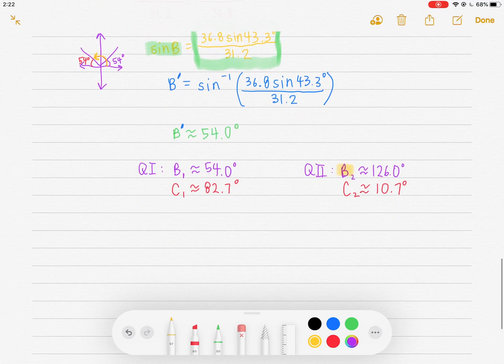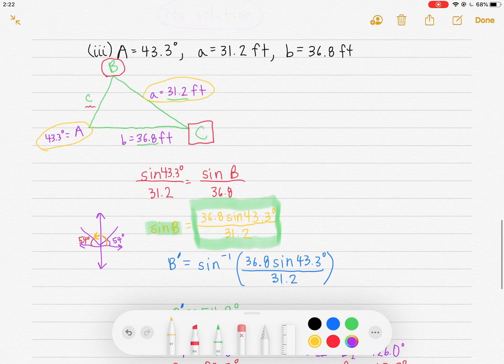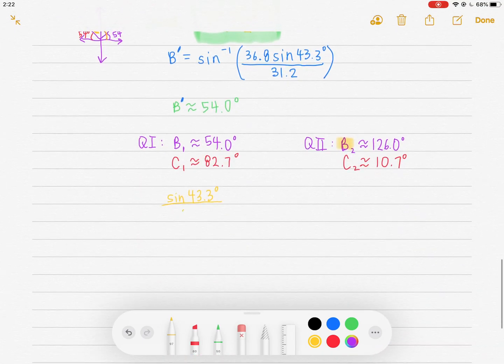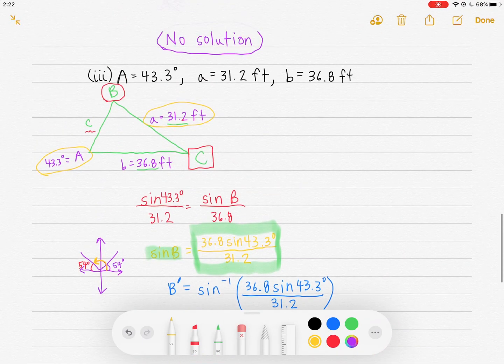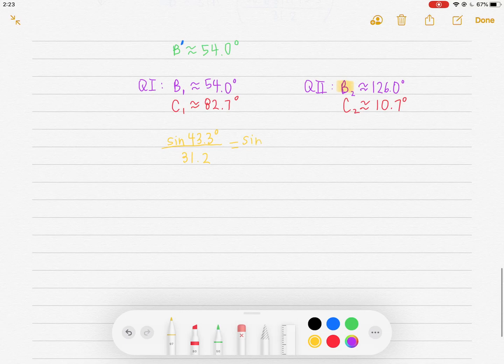So we're going to do sine of our 43.3 degrees divided by our 31.2 equal to sine of big C1 over little c1. Oh, sorry, big C1, we do know he is 82.7 degrees.